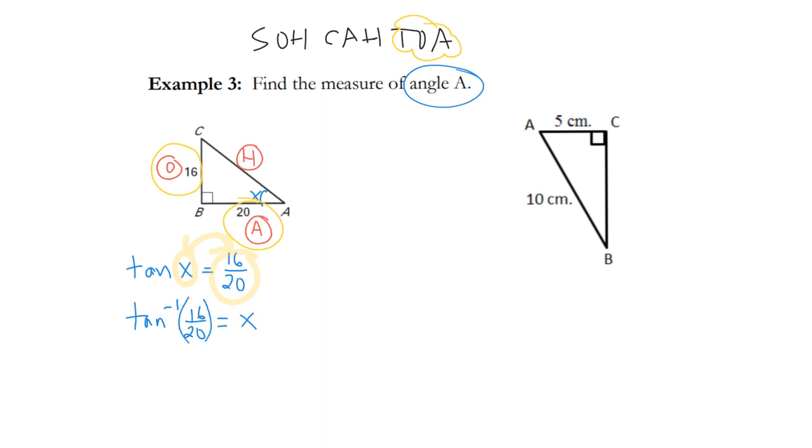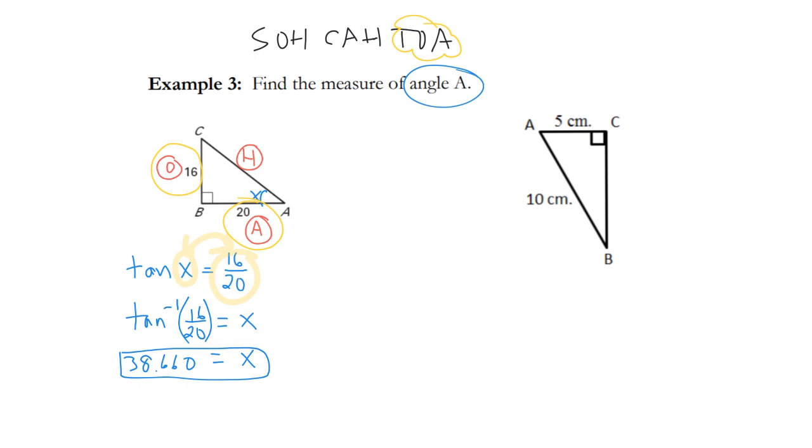So we're going to use our calculators and do the inverse tangent. Shift tan, parentheses 16 divided by 20, close my parentheses, and we should get X equals 38.660 when rounded.